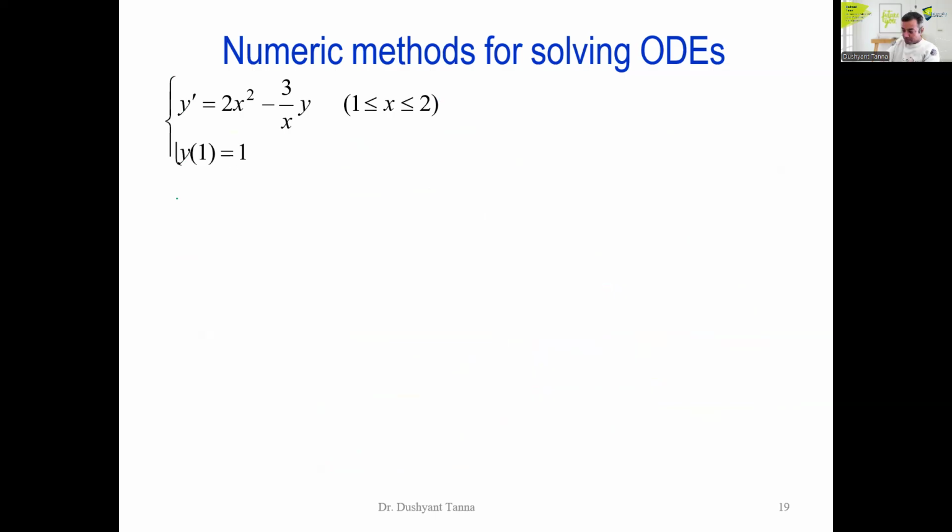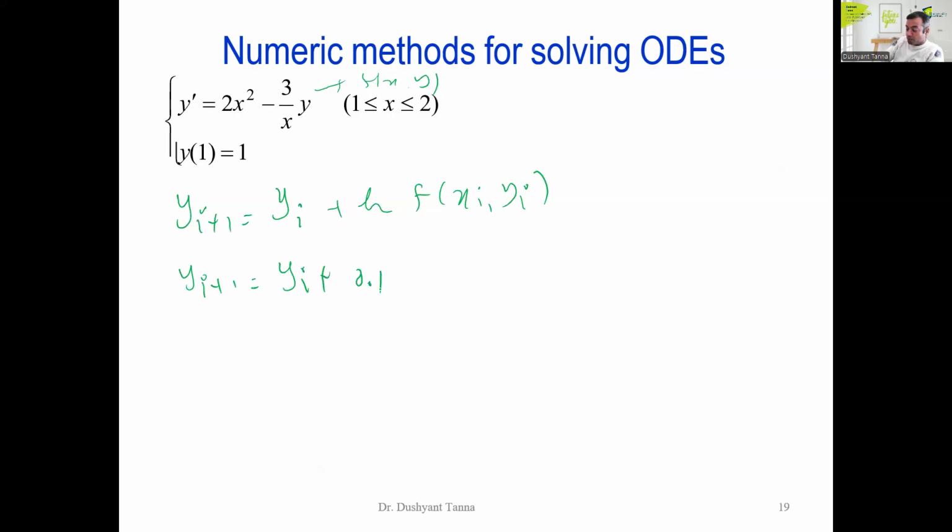This is our x0, y0, that's fine. y i plus 1 equals y i plus h times f. Write the formula in a few questions, so that it's very clear in your mind. x i, y i, this is my f of x, y. So y i plus 1 is equal to y i plus h, which is 0.1, times 2 x i squared minus 3 over x i times y i.